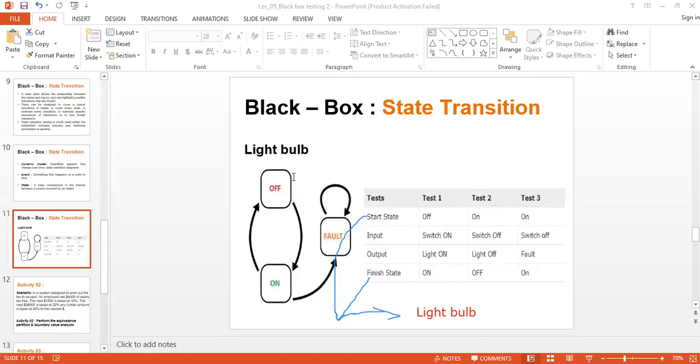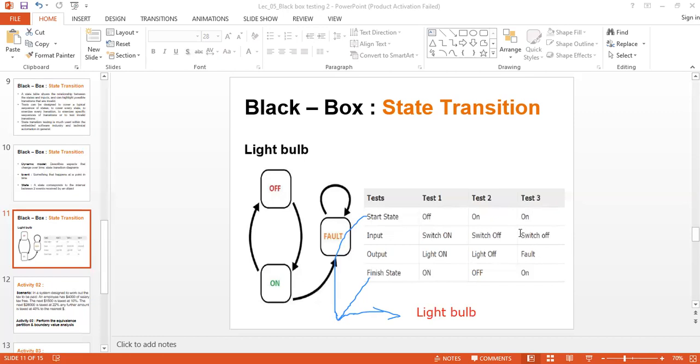Right? And let's assume there is some sort of case, right? High electricity or damage to a fuse or whatever, wire or whatever was happened, we don't know, right? And when we do the test 3, the light bulb is on, then we give the input as switch off. We simply press the switch off, but there is some sort of fault.